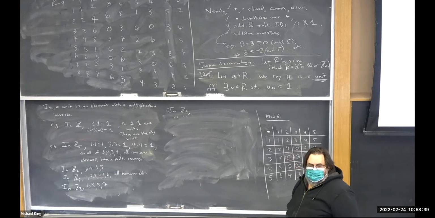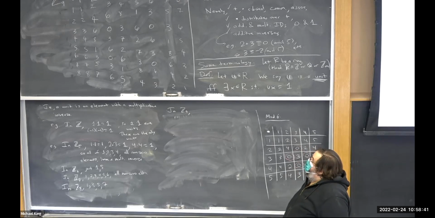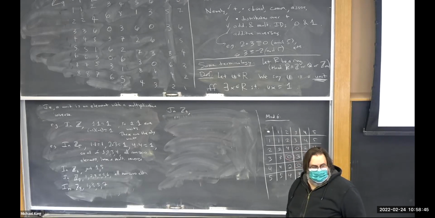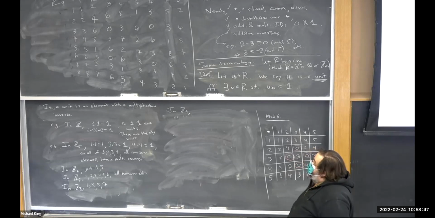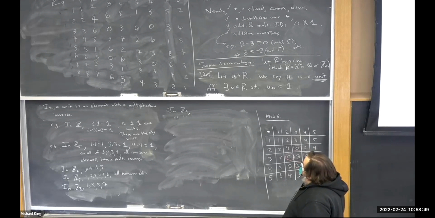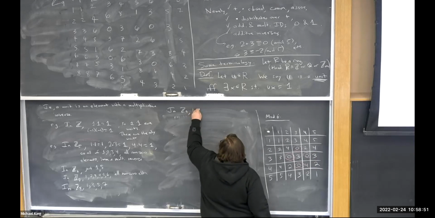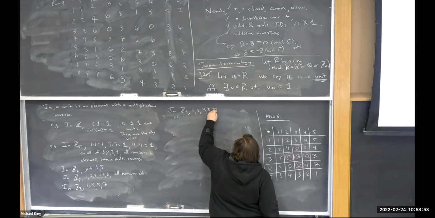Which rows have ones in them? 1, 2, 4, 5, 7. Do you guys agree with that? 1, 2, 4, 5, 7, 8. 3 and 6 don't have. Z9: 1, 2, 4, 5, 7, 8.